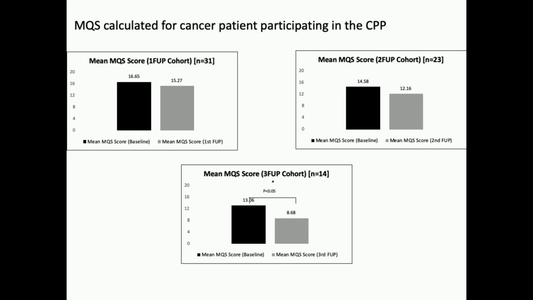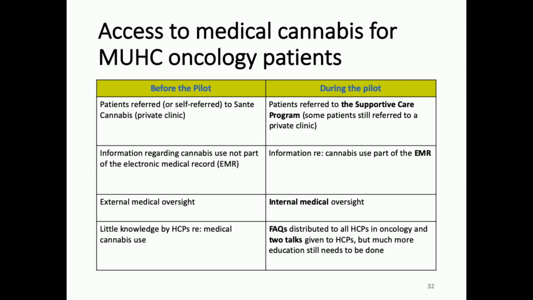So, as you can see, in all the follow-ups we had a decrease in the MQS. However, only in the third follow-up, as you noticed, was that decrease statistically significant.